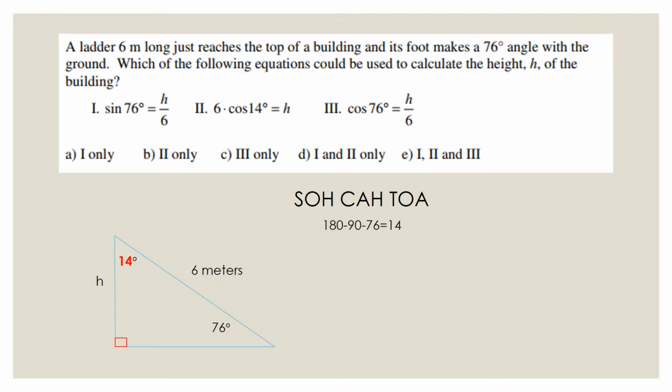So if we use our sine, cosine, and tangent ratios, maybe we can come up with something that has to do with cosine. If we are looking at this 14-degree angle, I'm going to do the same thing I did before. So this 6 meters is again my hypotenuse.